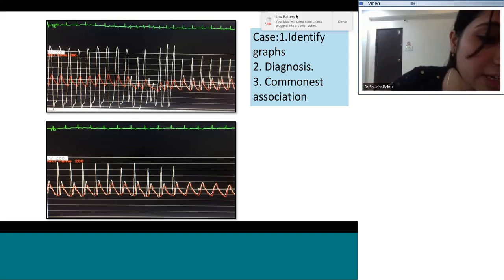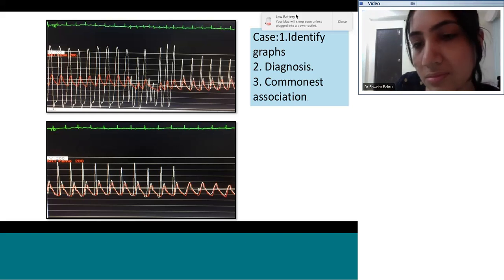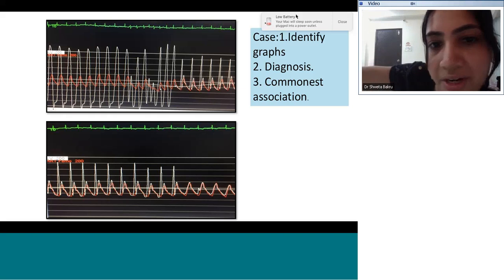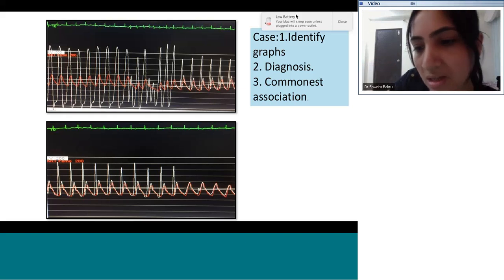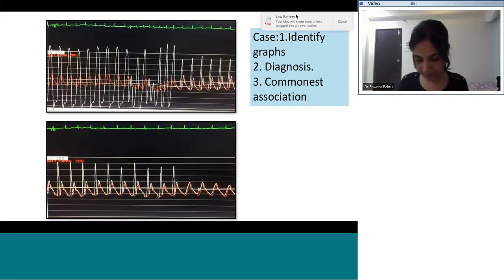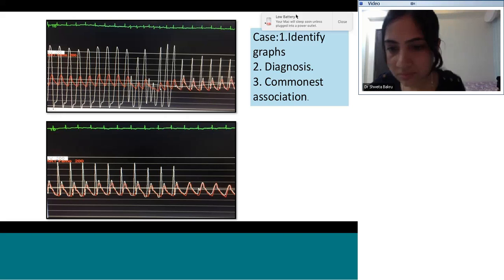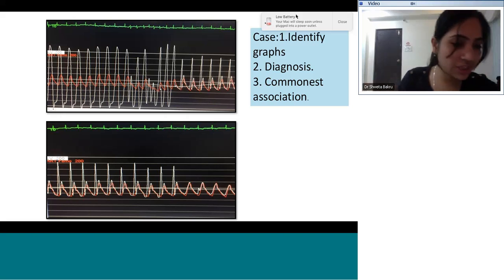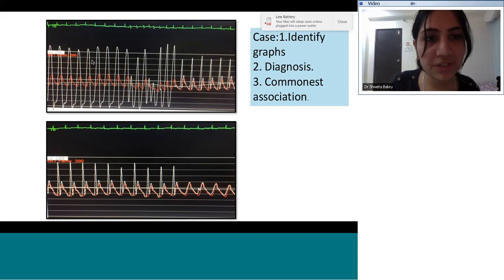Identify the trace. Actually, it is labeled. RV to PA simultaneous. Why did you say it's RV? The notching is seen on the left ventricle, right?